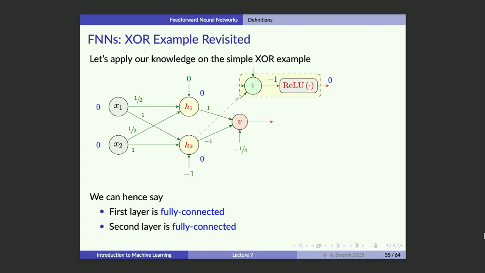So 0 times 1 plus 0 times 1 is going to be 0. What is the bias? Minus 1, right? So 0 minus 1 is going to be minus 1, right? So minus 1 is coming out of the linear computation. This is what you see at the input of the ReLU function, right? And then when you pass minus 1 through ReLU, what's going to happen?